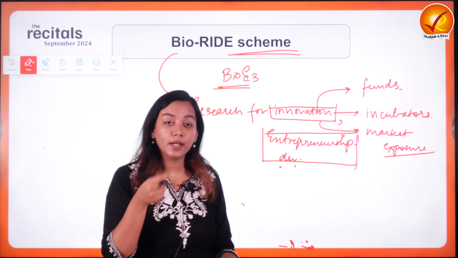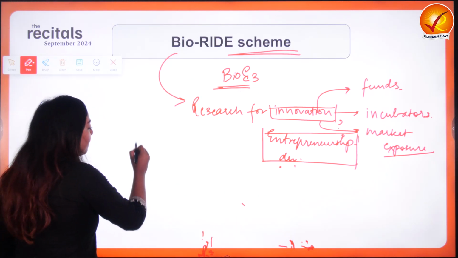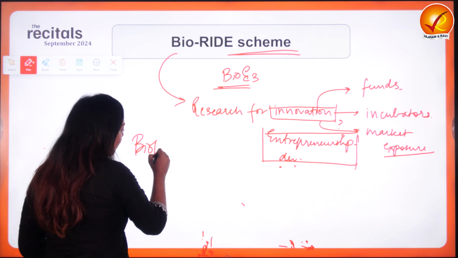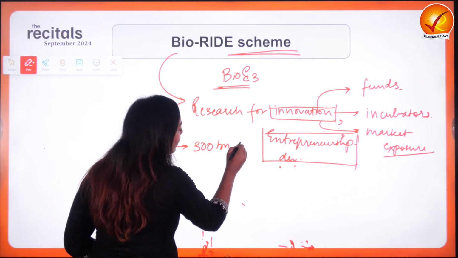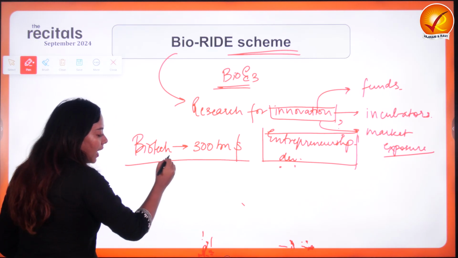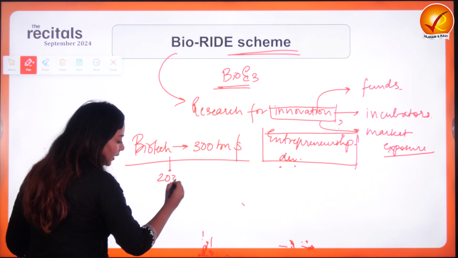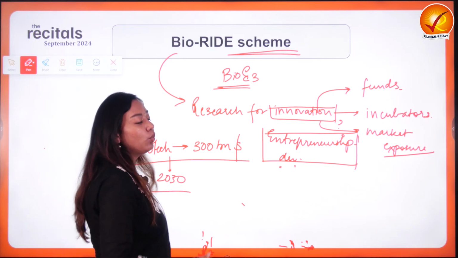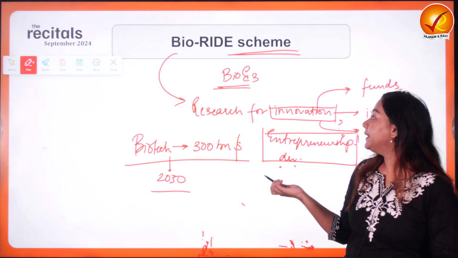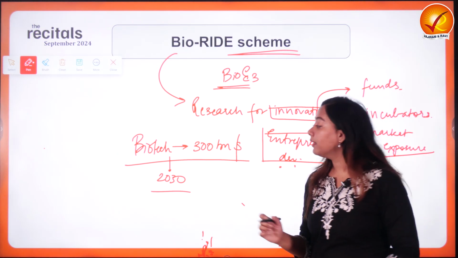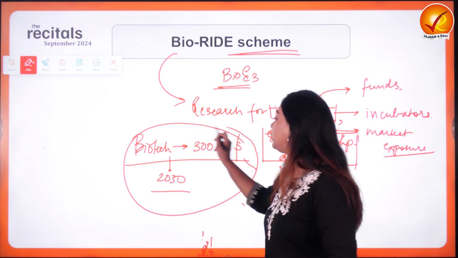Because we are aiming to create a biotechnology based market worth $300 billion. And this aim has to be achieved by 2030. So whenever you have to answer a question on biotechnology in GS paper 3, these are some of the schemes that you need to quote and the government's vision that we need to quote.